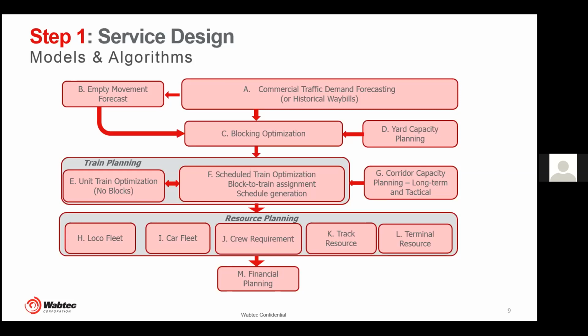This will include train route selection, block to train assignments, and meet-pass feasible train timetable or schedule generation. The optimized train schedule for the whole network would then be input to the resource planning. That includes locomotive and car fleet sizing, crew requirement forecasting, and track and terminal resource planning. Eventually, all those estimated resource requirements are translated into a railroad's financial planning.